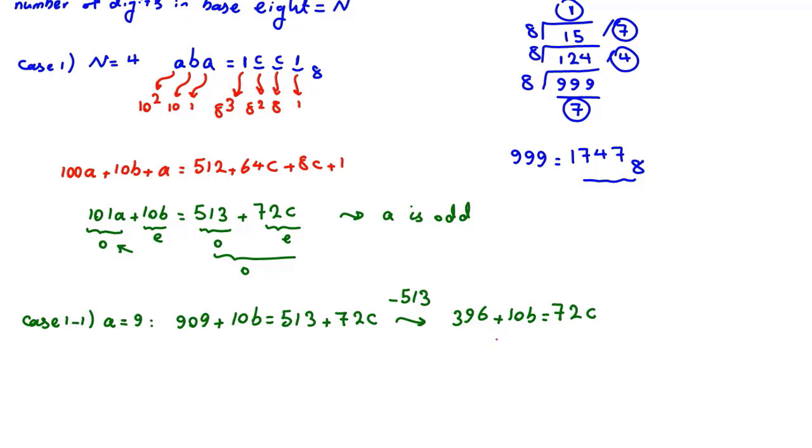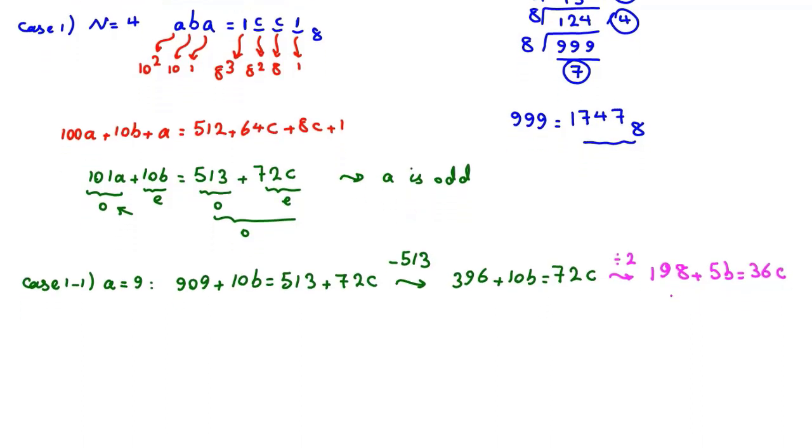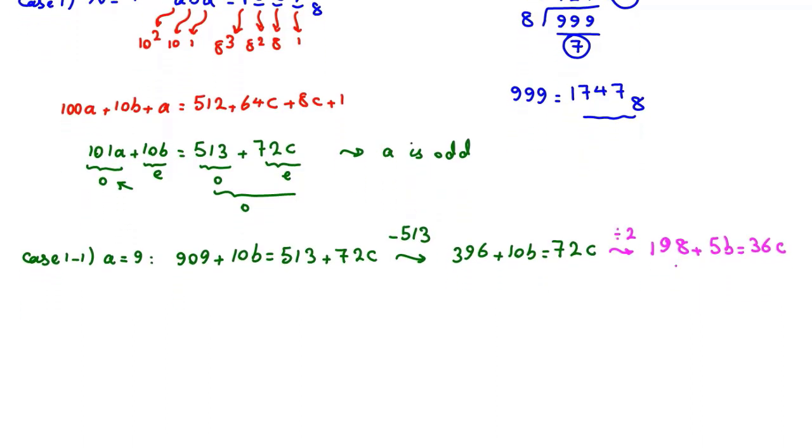Now in the next step, we divide both sides by 2, and it will be 198 plus 5b equals 36c. Now 198 is 2 times 99, it's even, so we conclude that b also should be even. So b is 2b prime.